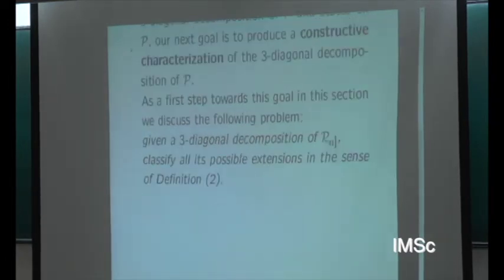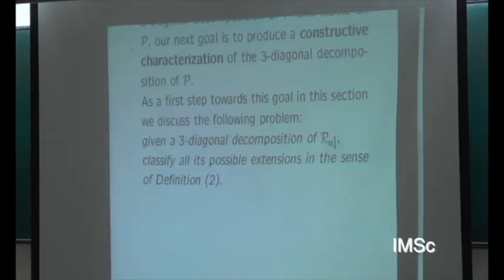Well, the first step: I do the step from n to n plus 1. So given a tridiagonal decomposition up to n, can I classify all possible extensions?